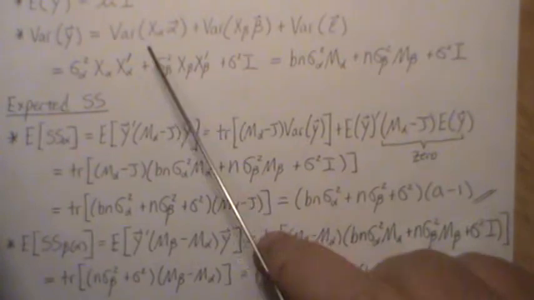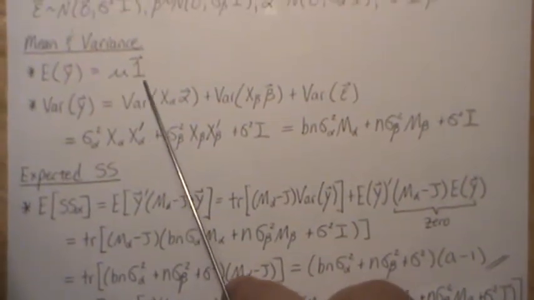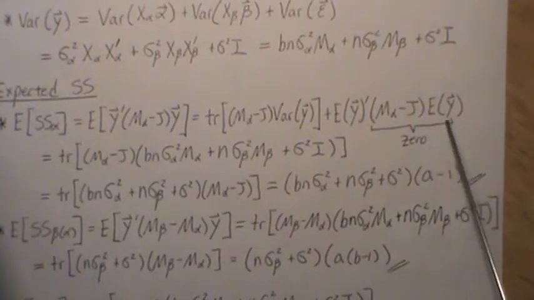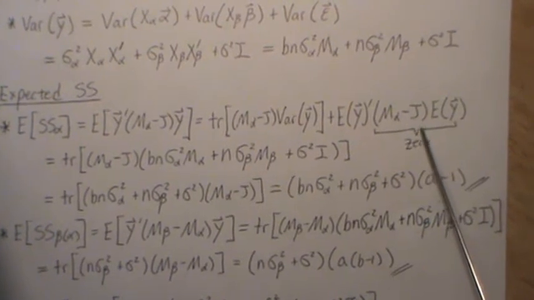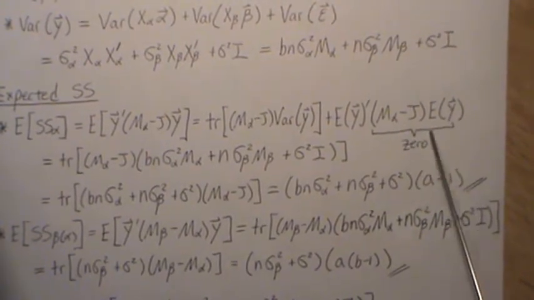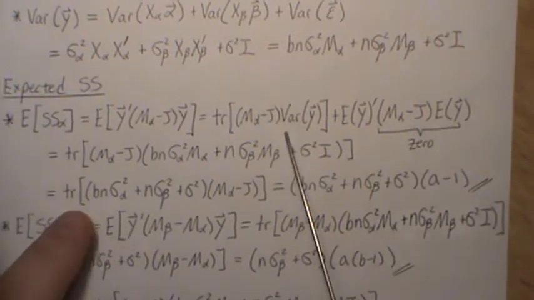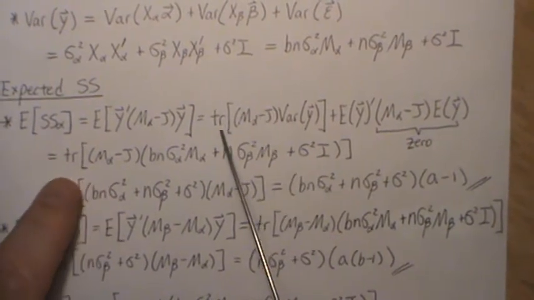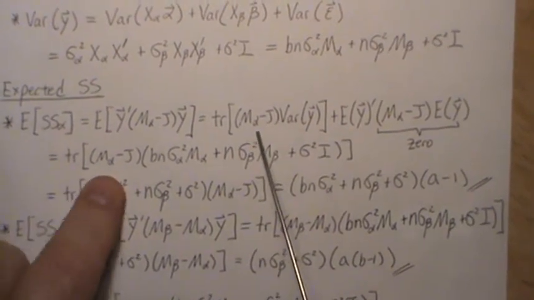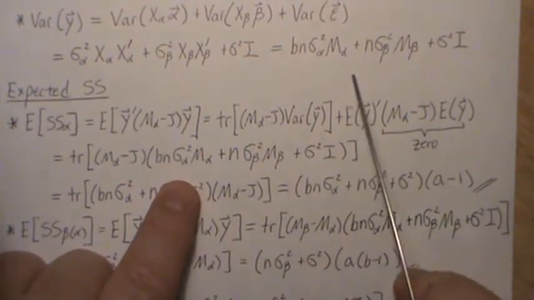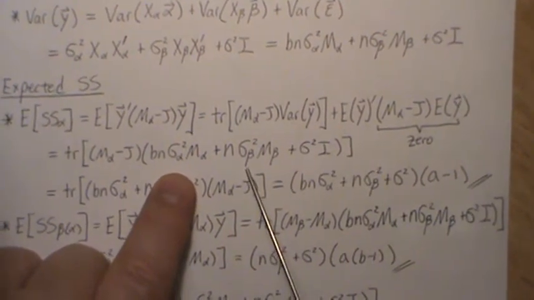Well, the mean of y is mu times that 1 vector, but this projects orthogonally onto that 1 vector, so this is 0, and we're left with this. So now we have the trace comes down, the matrix, and then this variance right here goes in here.